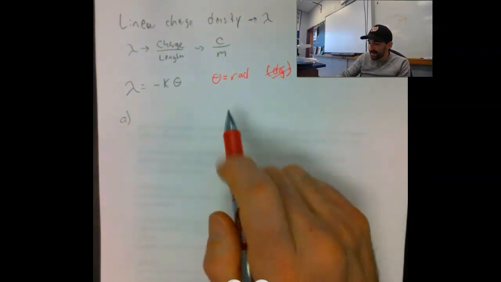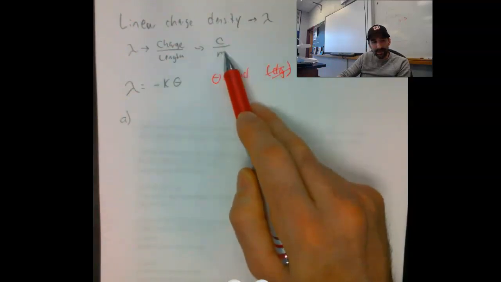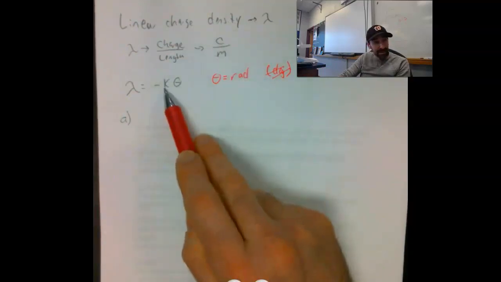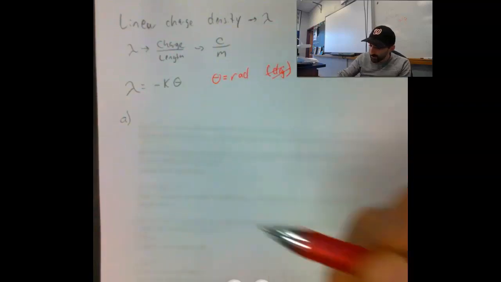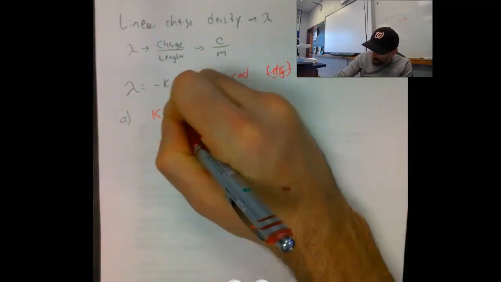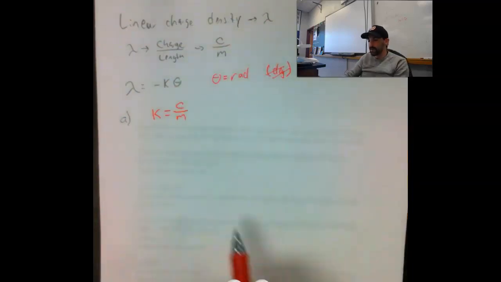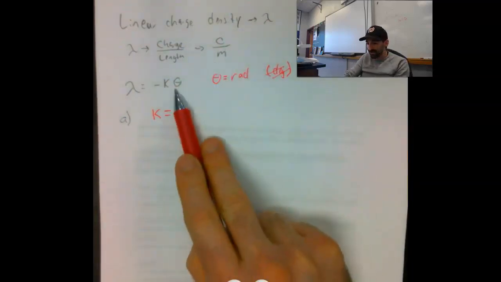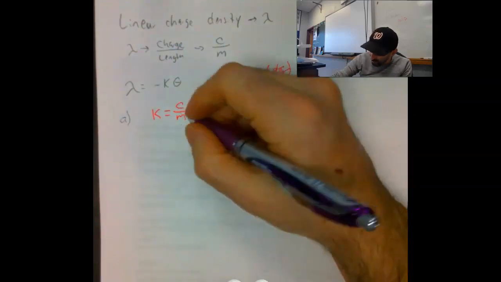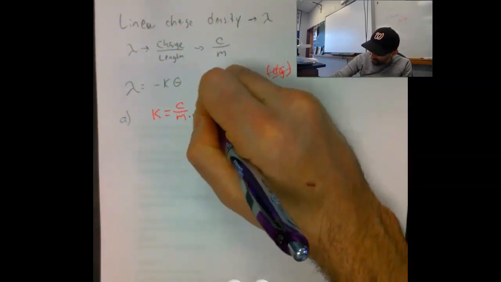So I need lambda to be in a coulomb per meter, which means I need K to be in some coulomb per meter. So I'm going to end with that, but I've got to get rid of these radians. So it's going to be a coulomb per meter times a rad.